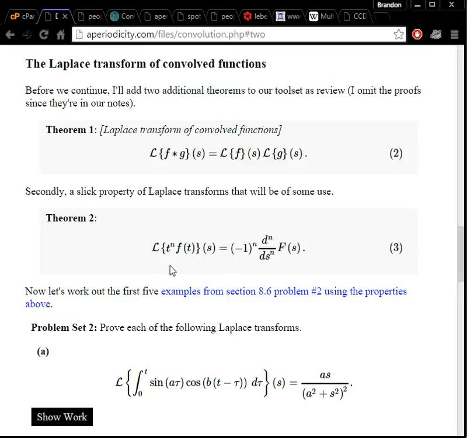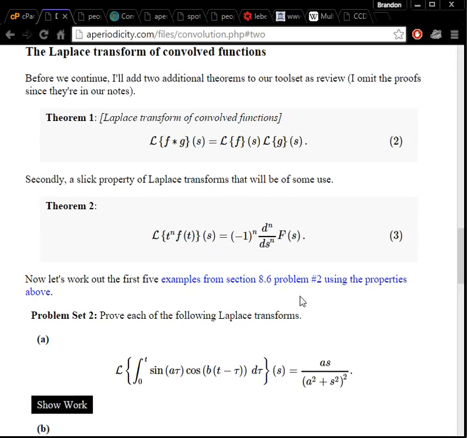Theorem 2 basically says that the Laplace transform of t to the n times f of t is equal to negative 1 to the n times the nth derivative with respect to s of the transform of f of t. So we'll use that below.